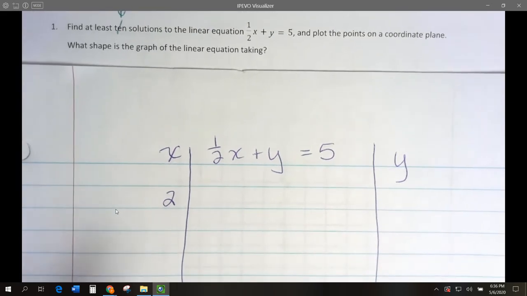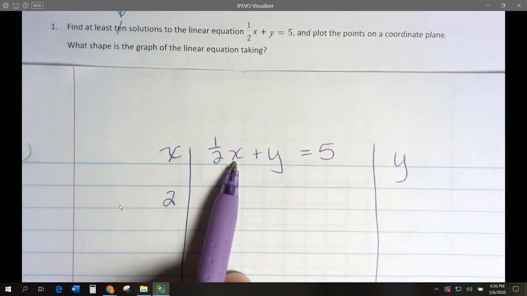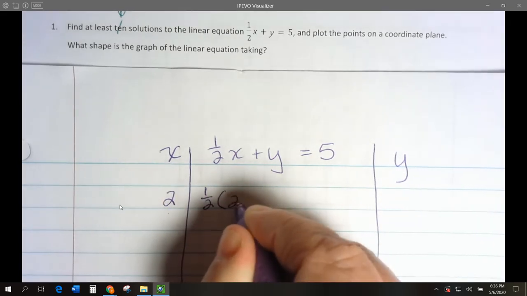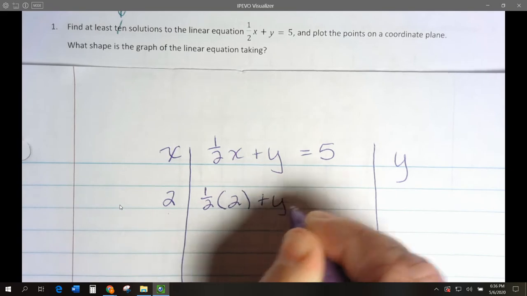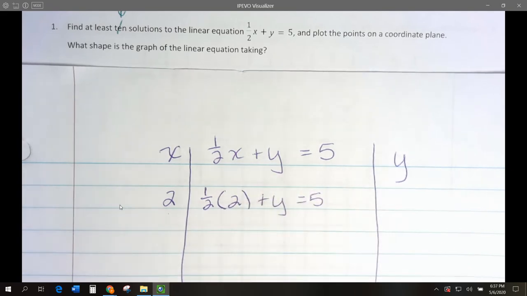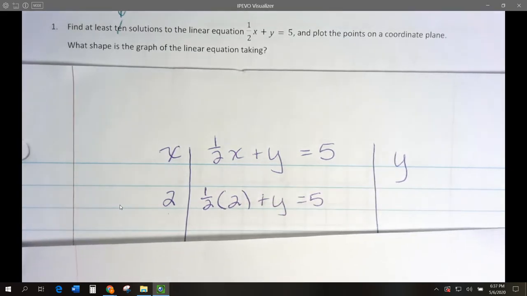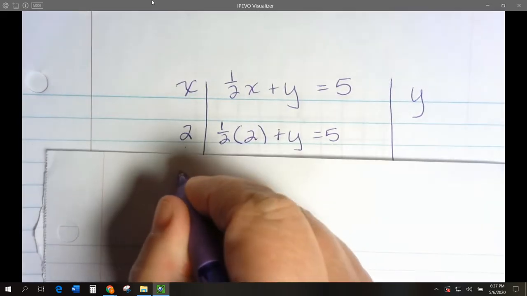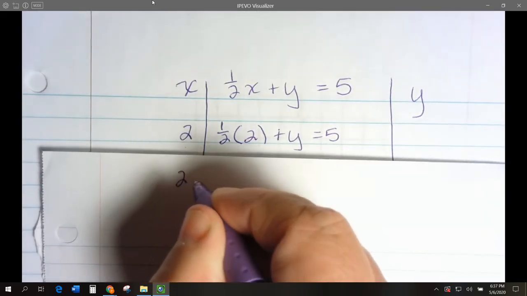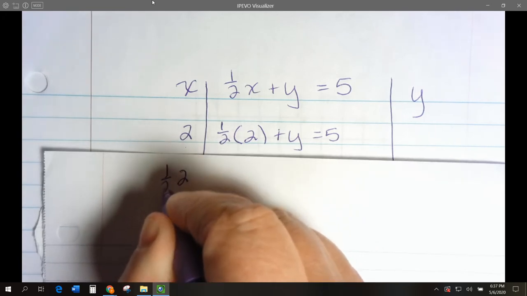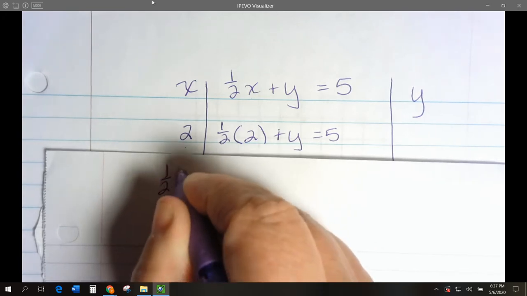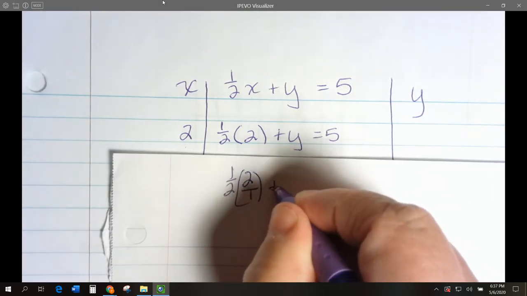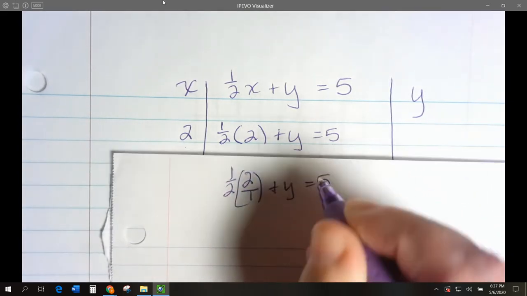So we take our 2 and put it in for X. So we have 1 half times 2 plus Y equals 5. I'm going to do this over here on a separate piece of paper. We have 1 half times, and I'm going to make this 2 over 1, plus Y equals 5.